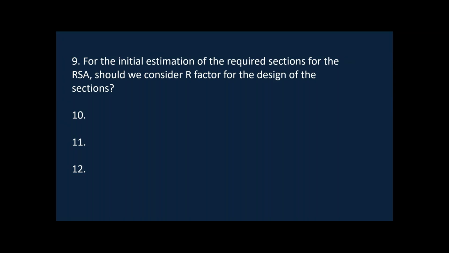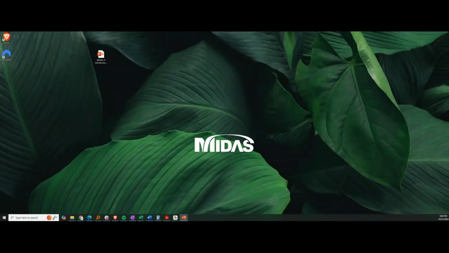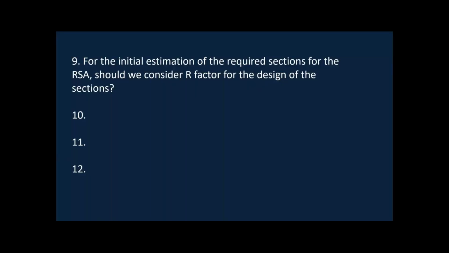Like assuming that the response reduction factor that you considered is 5, the section sizes in that case will be very large, and hence we can skip those, and we need to consider the response reduction factor in that case. Okay.